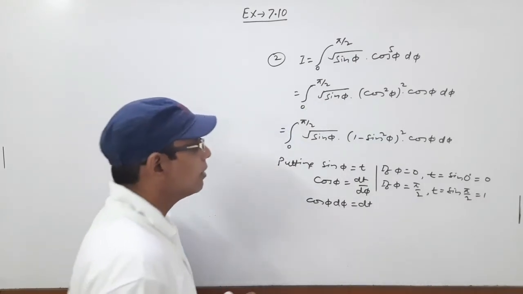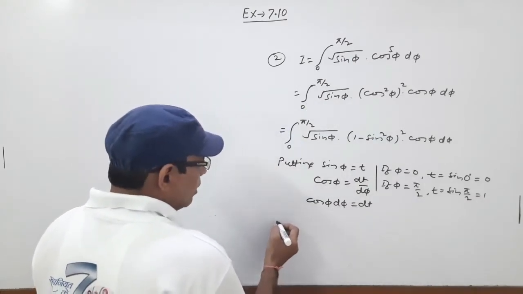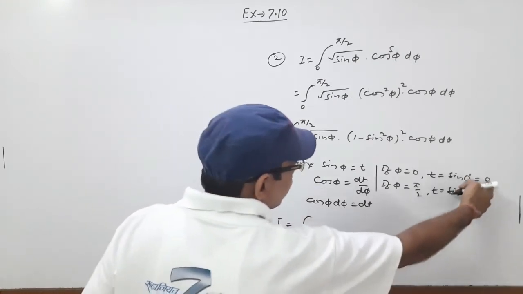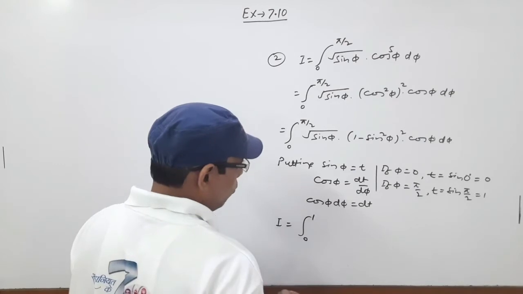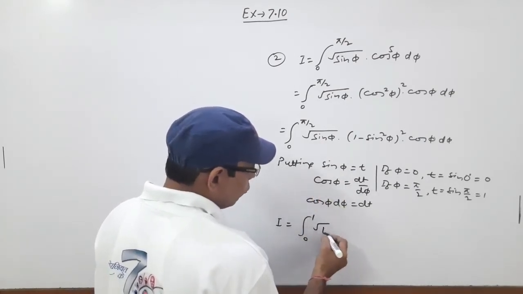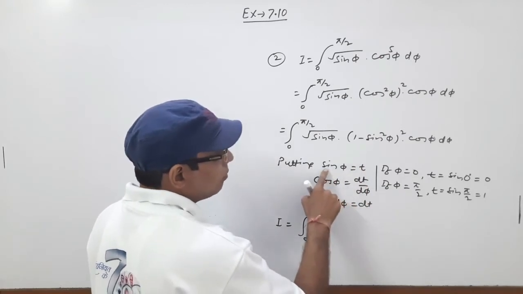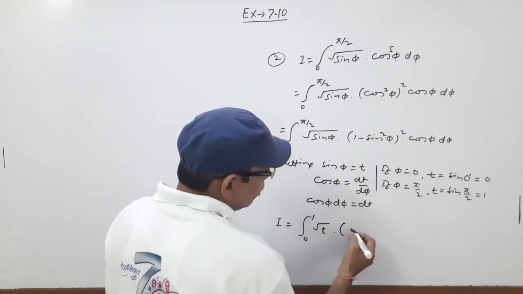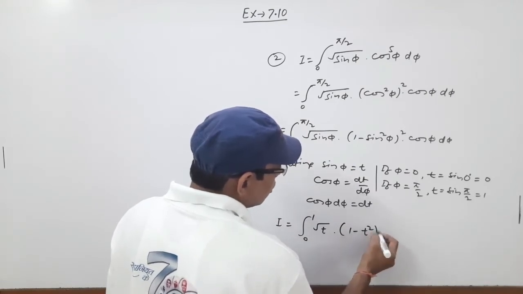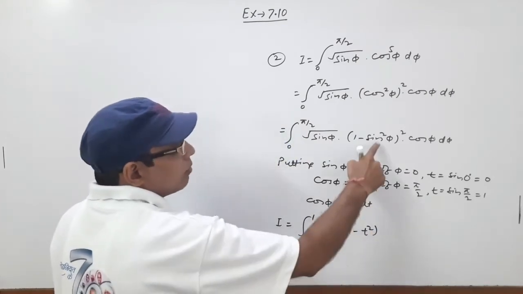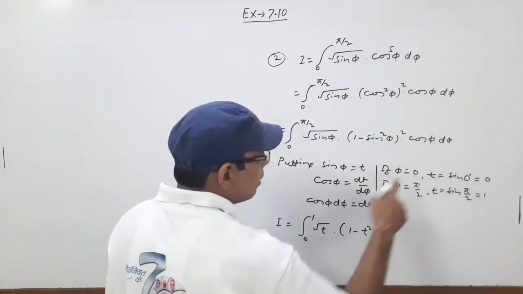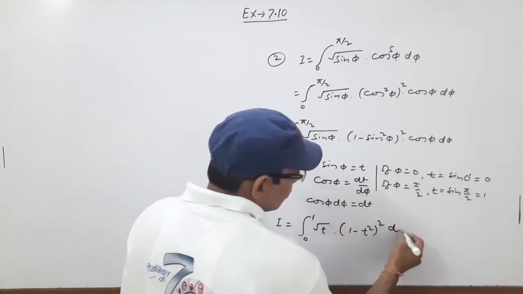Now we can write the integral with limit from 0 to 1, and in place of sin phi we have t. Also in this bracket we can write 1 minus t square, putting t in place of sin phi, and whole square, and cos phi d phi is dt.